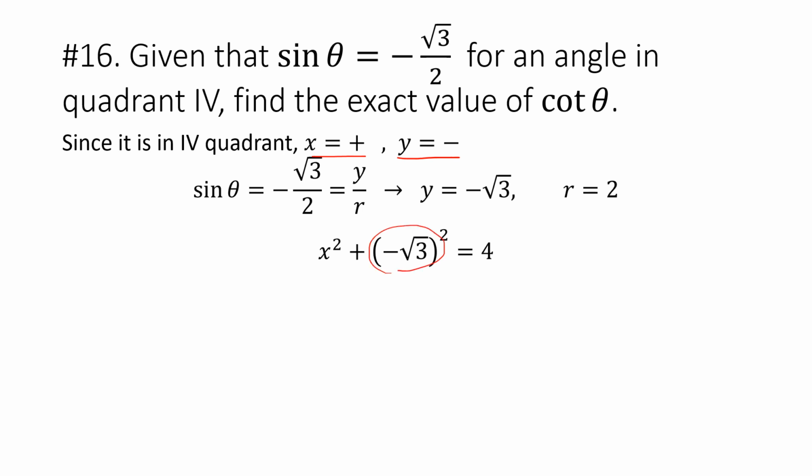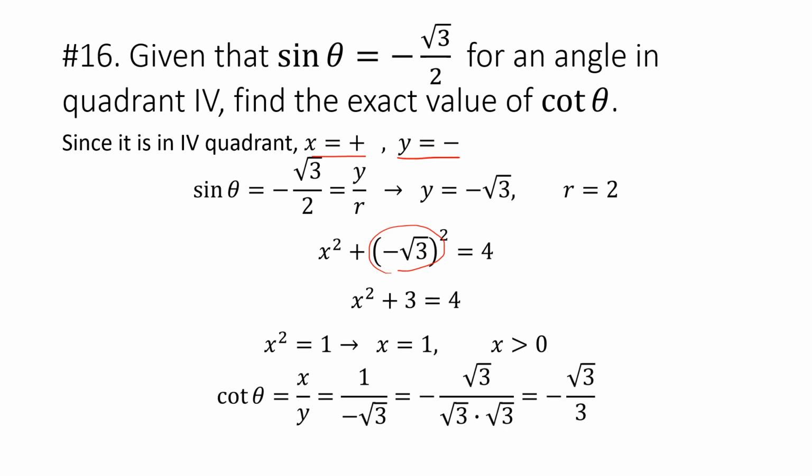This square is 3, so x squared plus 3 equals 4. So x squared equals 1. But x has to be positive, so x is 1. Cotangent is x over y, so 1 over -√3. So we multiply by square root 3. Square root 3 times square root 3 is 3. So -√3 over 3. This is our cotangent value.